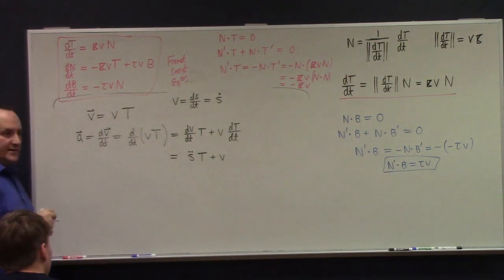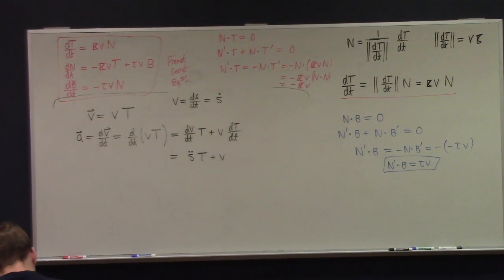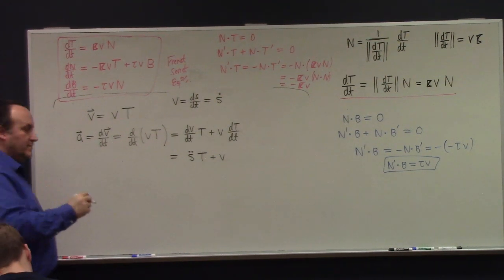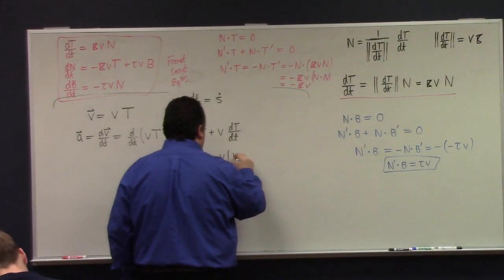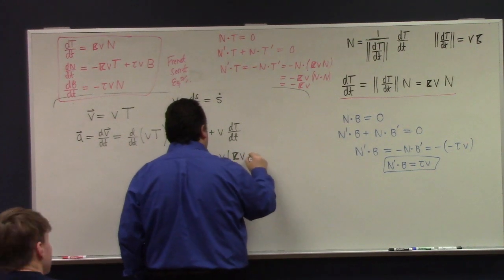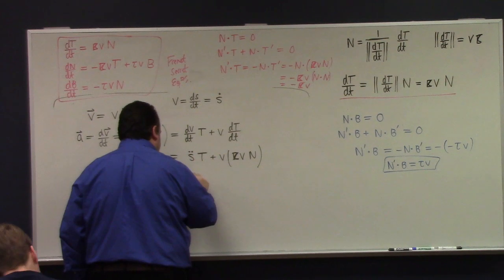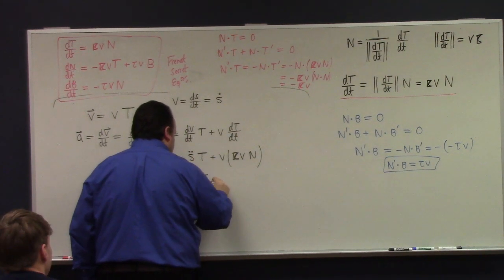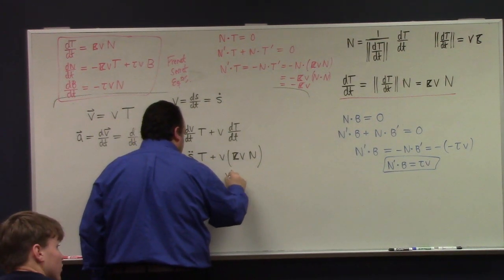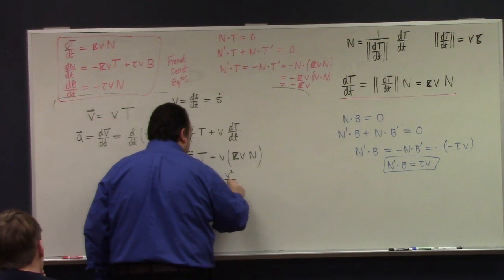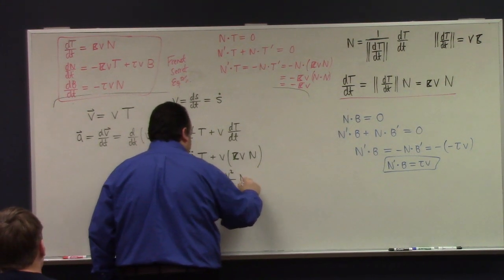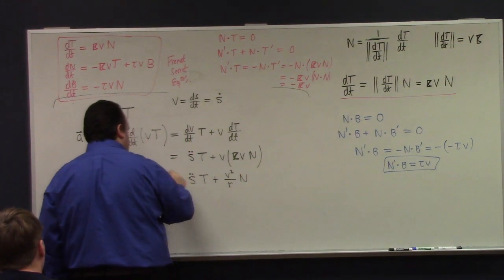Well, we know what dT/dt is. We just worked it out. It is kappa vN. In other words, we have s double dot T plus v squared over r N. That is the acceleration.